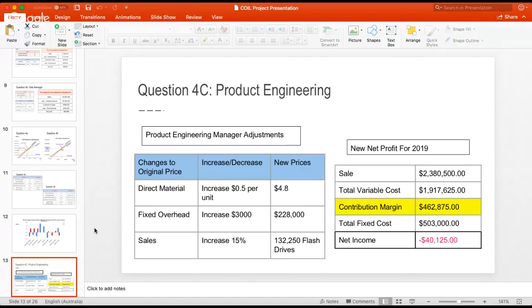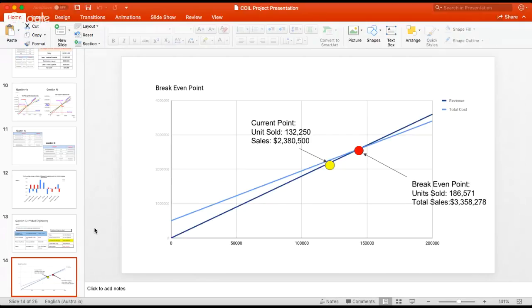Overall, this suggestion would require more units sold to reach profit. As we can see, to reach break-even point, we would need to sell 186,571, and we are currently 11,440 units short of making the break-even point.